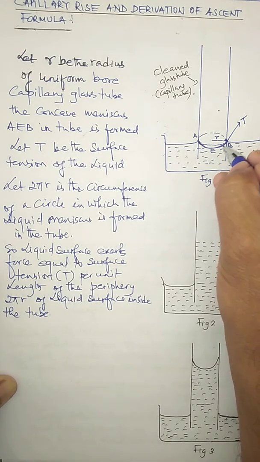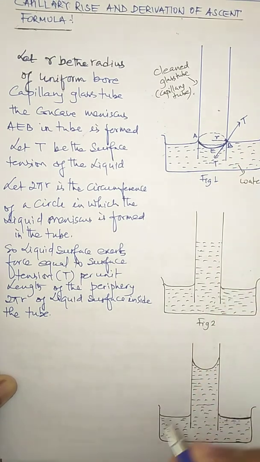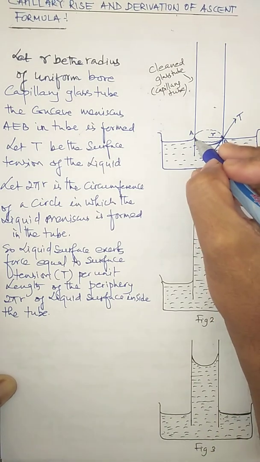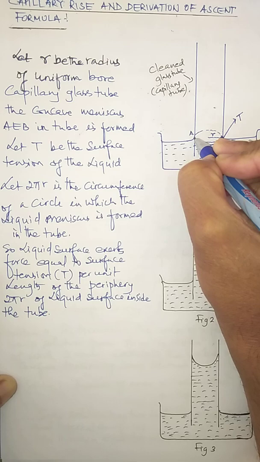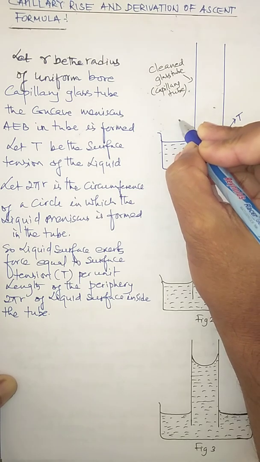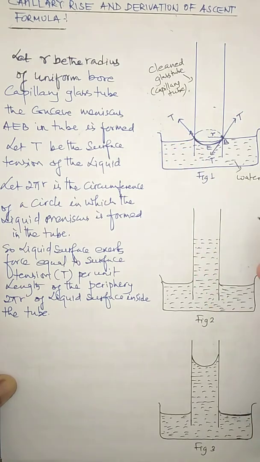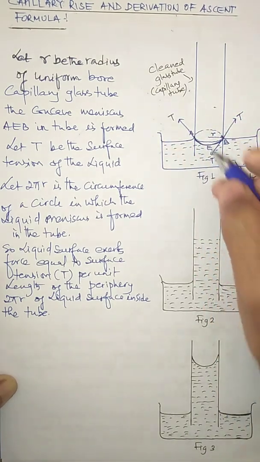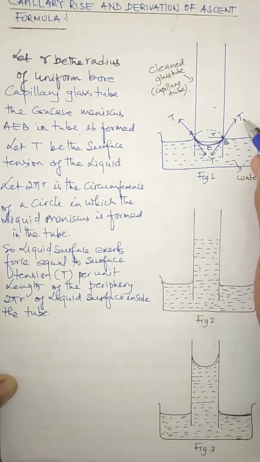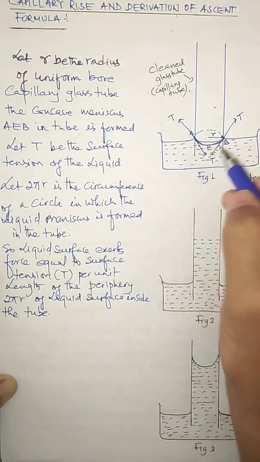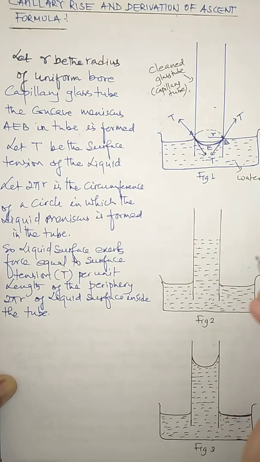But an equal amount of surface tension is also exerted in this direction, and that is also given by T. So at this liquid surface where the liquid is in contact with the wall, the surface tension exerted is also given by T, and the direction is this side. Even the same surface tension is exerted in this direction also. So these are the surface tensions exerted on a unit length of this periphery of this tube.